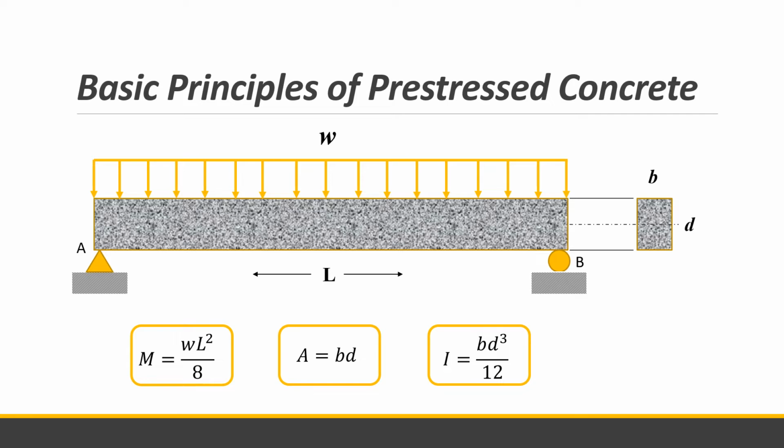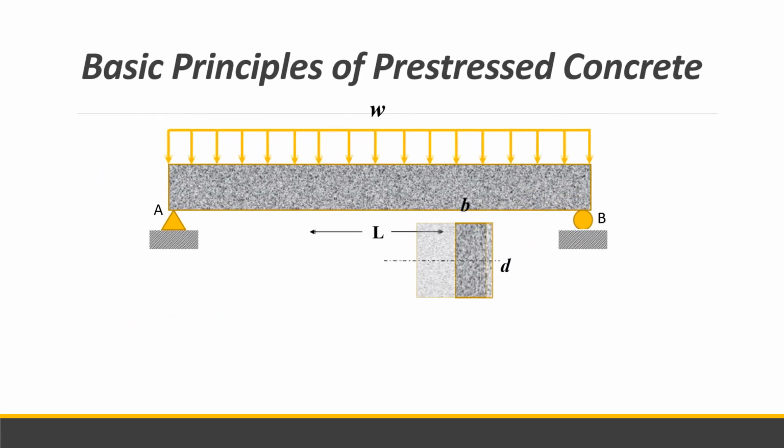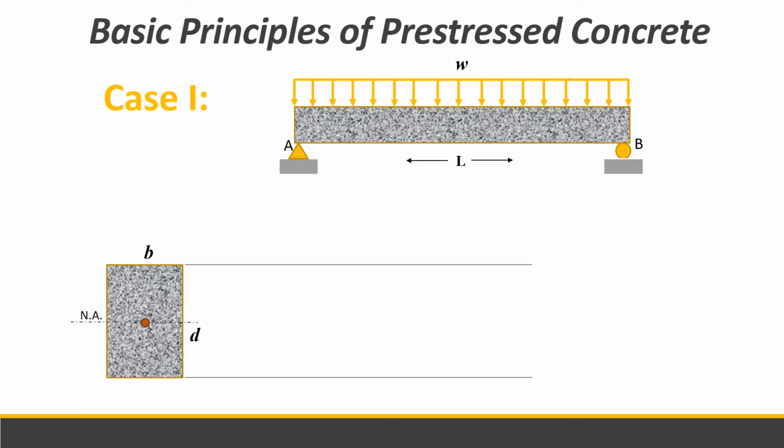Okay, so for prestressed concrete, we have two cases. Case 1 is centroidal axial prestress. That is along the neutral axis, dun ka mag-a-apply ng prestress na load. Meaning yung tendon mo is nandun sa neutral axis, and then merong na-induce na force P, that is yung prestress na force natin.